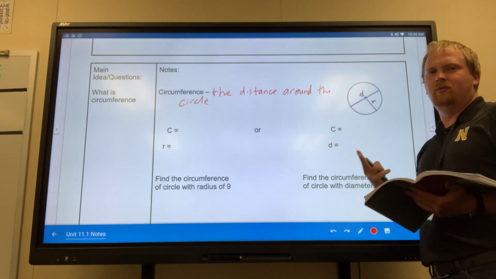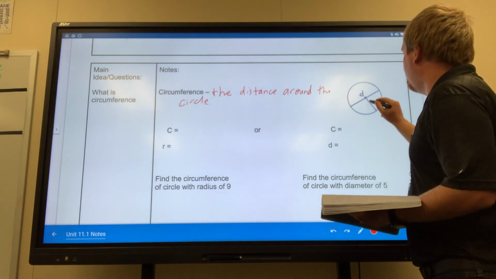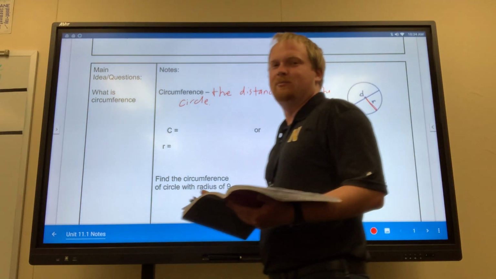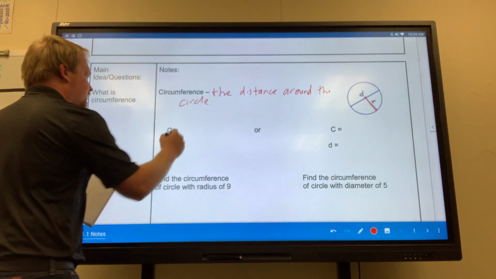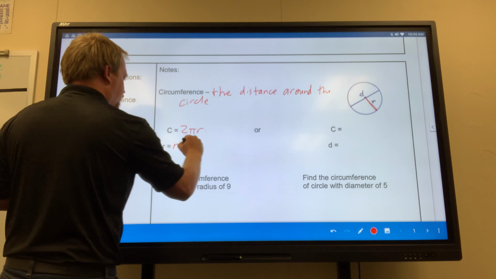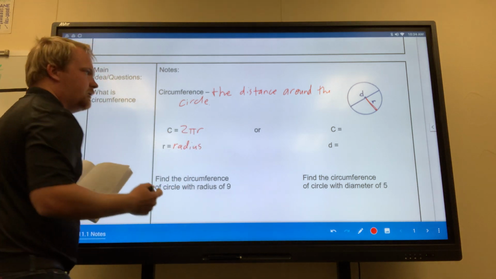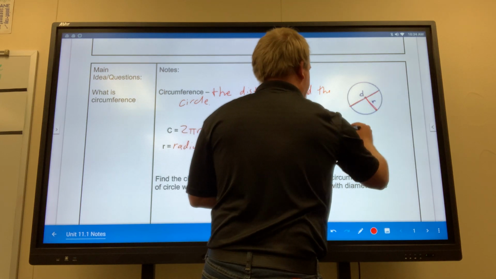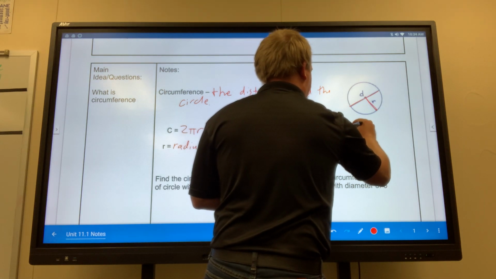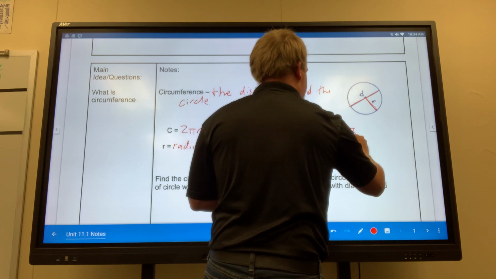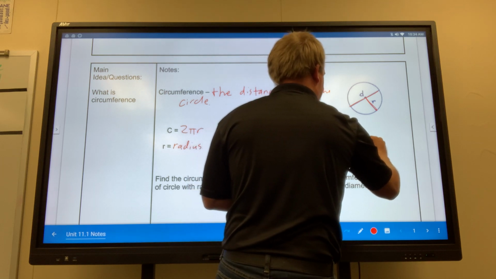Now, there are two different ways to find circumference. One is by using a radius, which we've seen before, by saying 2 pi r, where r is the radius. Another is using diameter, so it would be d times pi, where d is simply diameter.